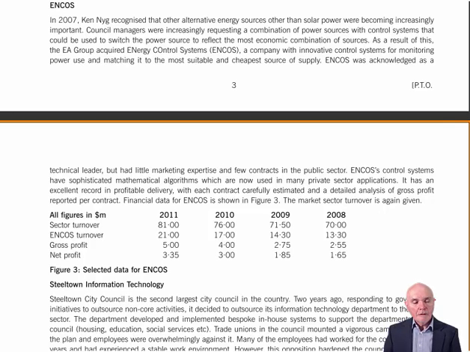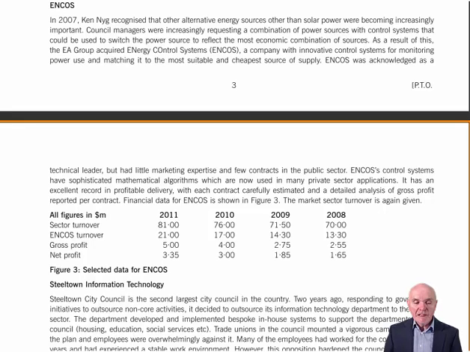Now the third company in the group, ENCOS, in 2007 recognised that alternative energy sources other than solar power were becoming increasingly important. Council managers were increasingly requesting a combination of power sources with control systems that could be used to switch power sources to reflect the most economic combination of sources.